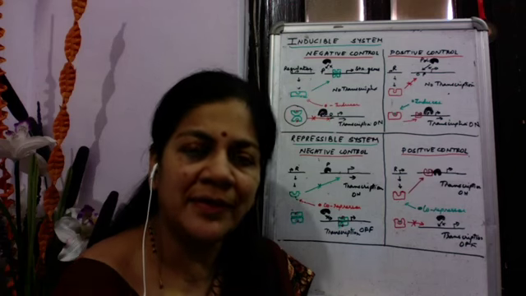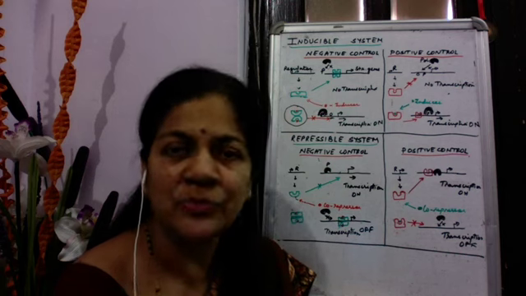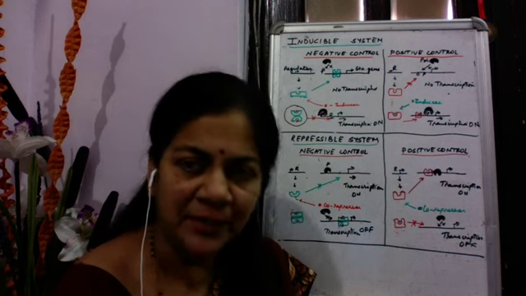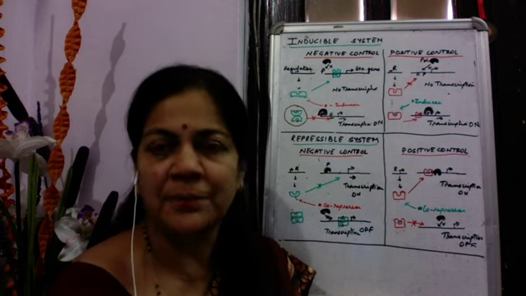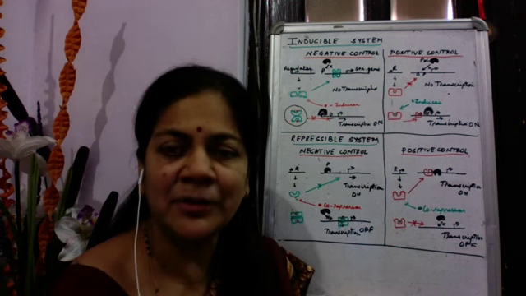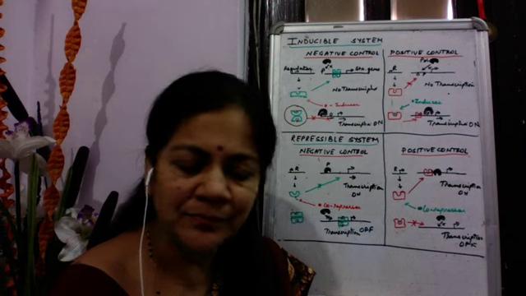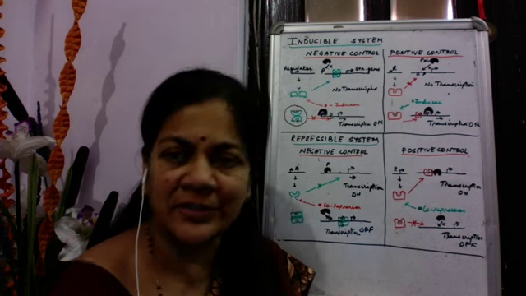And the other is the repressible pathway, which is generally used in an anabolic pathway, where a certain product is being made, but once its level reaches a certain threshold, then it has to be repressed. So we have an inducible system, in which catabolic pathways are involved, and a repressible system, in which anabolic pathways are involved.